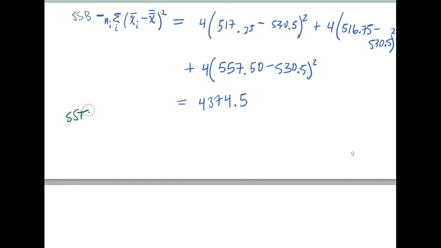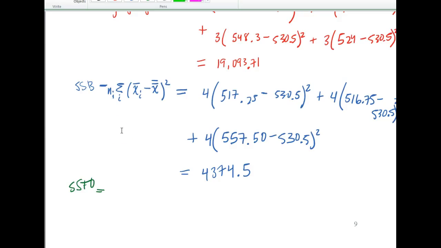So the SSTO equals the double summation of xij minus x double bar, whole thing squared.